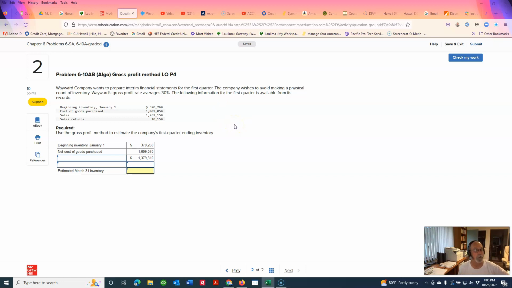Okay, Wayward Company wants to prepare interim financial statements for the first quarter. The company wishes to avoid making a physical count of inventory. So again, both of these inventory estimation methods are very useful, and this is a good example of a situation where an estimation of the inventory can be very useful, especially if it means not doing a complete physical inventory.